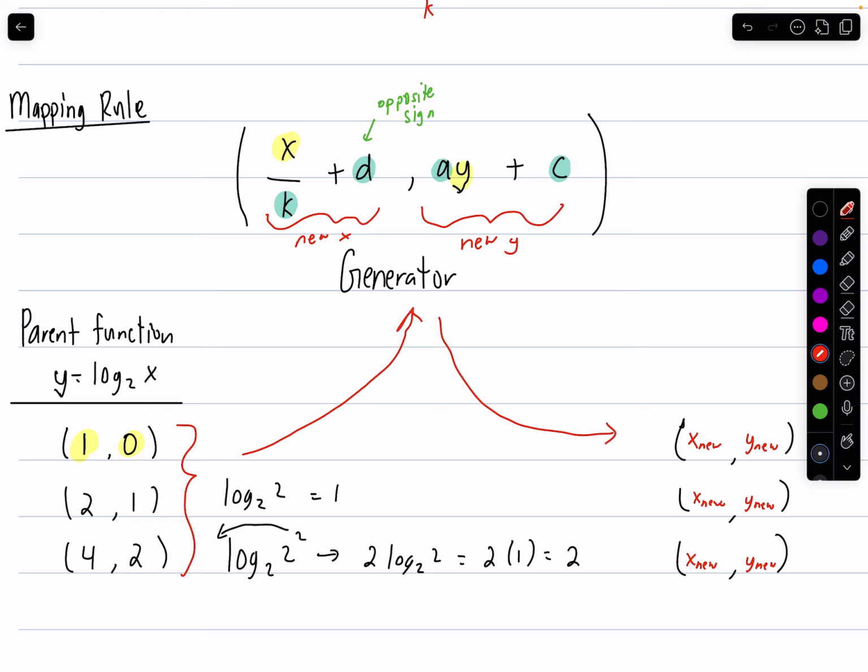And we're doing that with each of these 3 points. So (1, 0) will get us a new x and a new y. (2, 1) will get us a new x and a new y. And (4, 2) will get us a new x and a new y. And those will all be a part of the transform function.